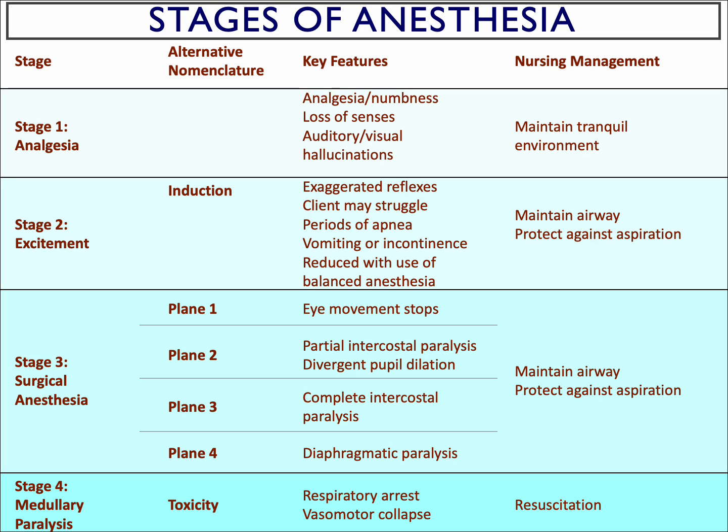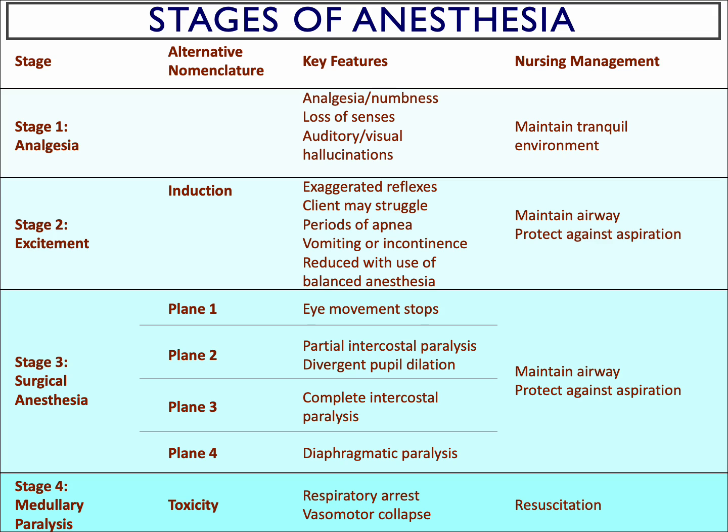Stage 3, at least in the older school of nomenclature, looked at 4 planes of surgical anesthesia. And really, while someone is undergoing a procedure that either could be painful or disruptive, we really expect that the anesthesiologist is maintaining somebody in one of these levels of anesthesia. In plane 1, the lightest level of anesthesia here, we might see eye movement stop.